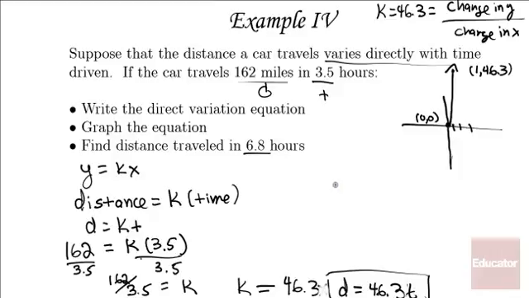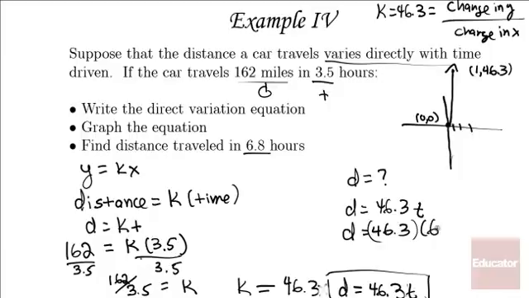Distance is what we're trying to find, and we have our equation, d equals 46.3t, and the time is given as 6.8 hours, so d equals 46.3 times 6.8.